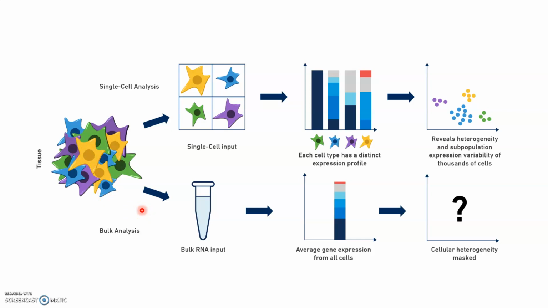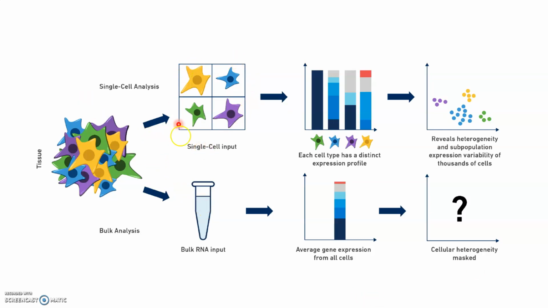Basically, what we do in RNA sequencing, without getting too much into it, is take that tissue and blend it all up and then make it one RNA input sample into our NGS workflow. So what we have at the end of the day is average gene expression from all of the different types of cells in our tissue. This makes it impossible for us to look at any type of cellular heterogeneity. So if we're interested in what particular cell type could be contributing to a disease, for example, we would have no way of telling if we were doing bulk RNA sequencing.